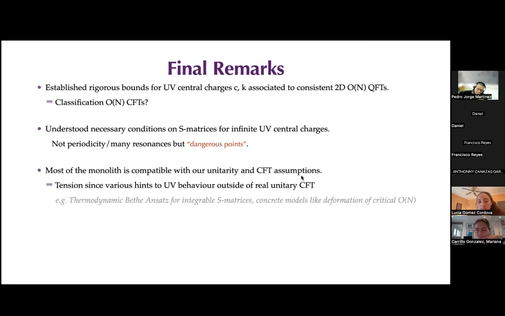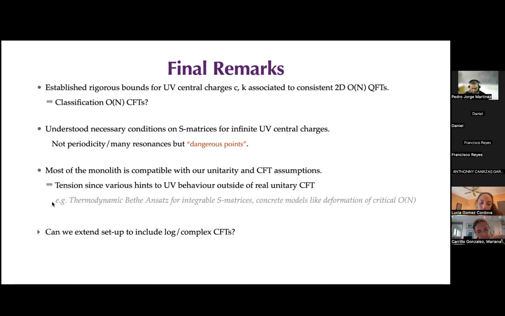And this gives some tension because there are some hints that the UV behavior of this theory should be outside of the real unitary CFT we're used to. We know this from some studies for integrable models and some deformations of statistical models like ON critical models.